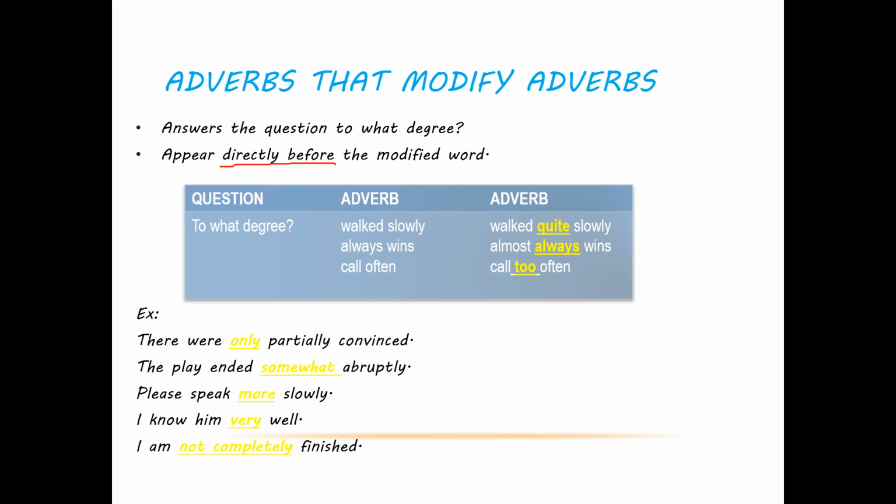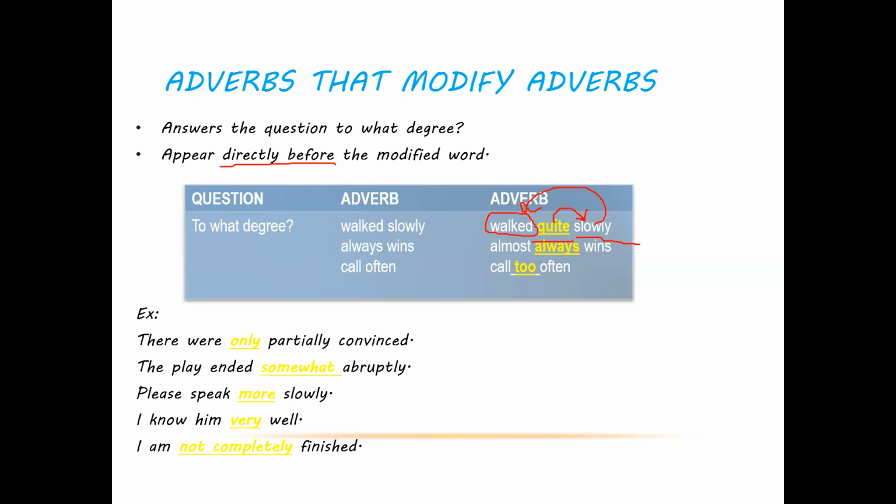He walked quite slowly. So the verb is walk. The adverb is slowly. And another adverb is quite. So itong slowly, it modifies the word walk. But the word quite modifies the adverb slowly.